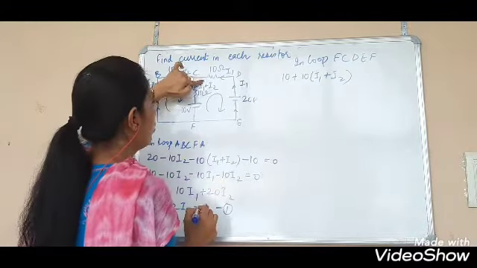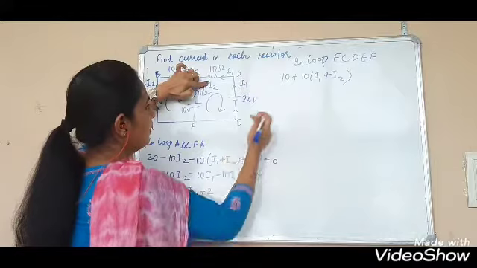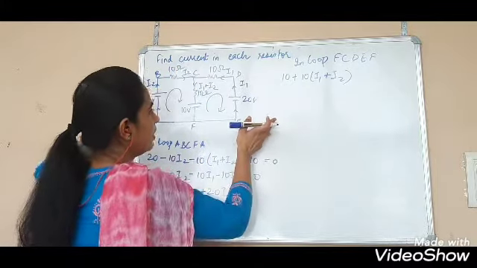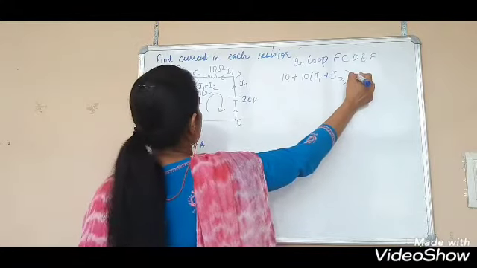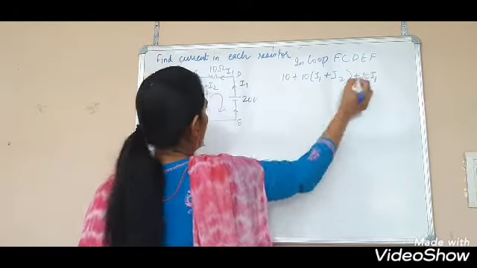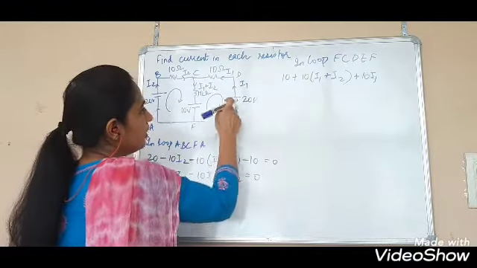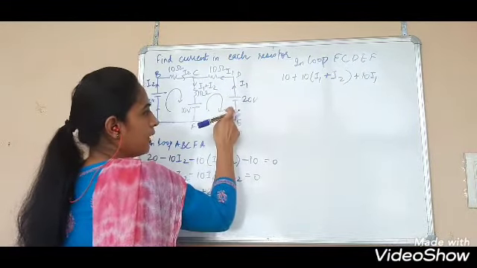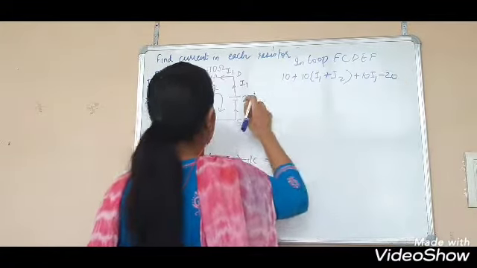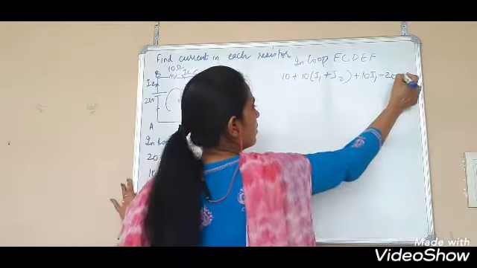Then going in this resistor, again current and path are in the opposite direction, so again positive, that is plus 10 I1. Then here there is a potential drop, going from higher to lower, so minus 20 is equal to 0.